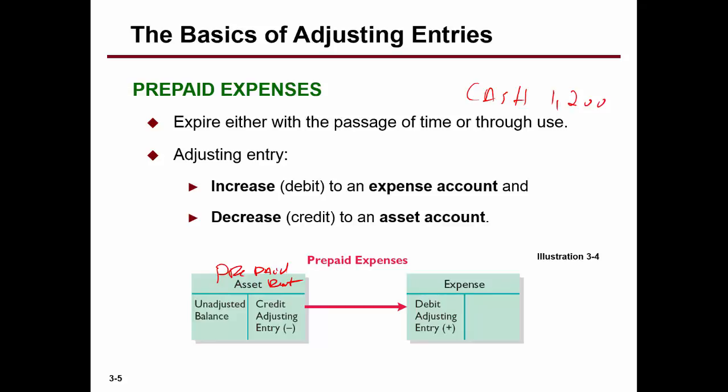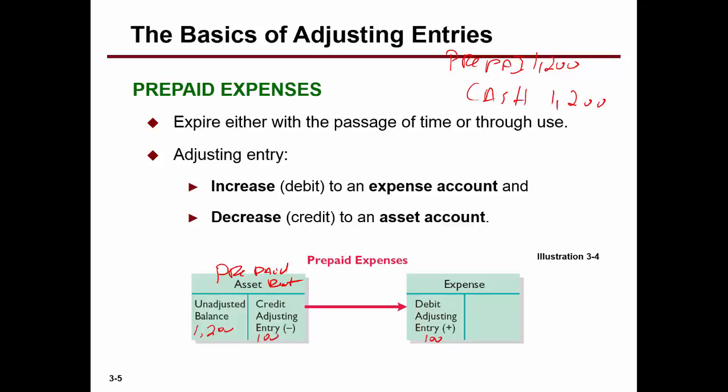We debited what? Prepaid for 12. There's that debit balance, 1,200. Unadjusted balance at the beginning of the year, beginning of the month, whatever. Then 1 month's worth of activity went by. We credited the prepaid. We debited the expense, didn't we? We did the same thing for insurance, only we waited till the end of the year and we did 6 months all at once. Whatever, right?